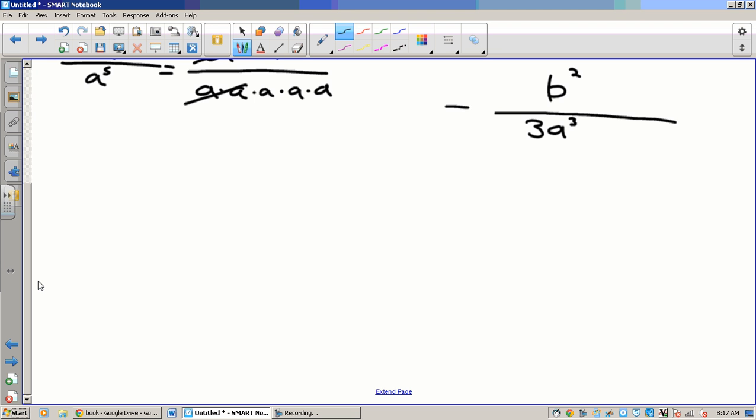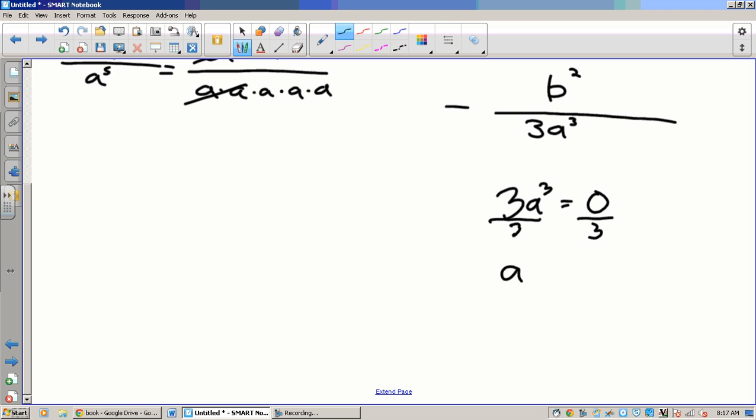These kinds are pretty easy to find the excluded value if it's just a monomial. If it's a monomial, it's going to be 0. But if you don't know what to do, 3a cubed equals 0, and then you would divide by 3.